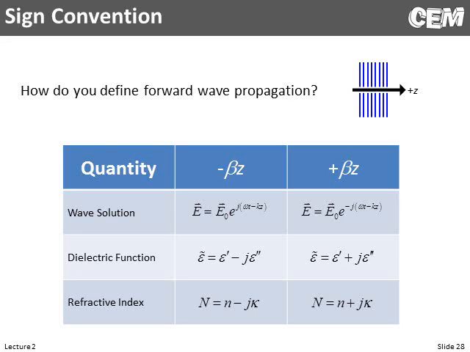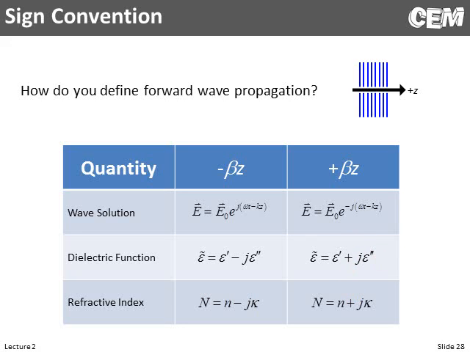But almost exclusively throughout electromagnetics, it's minus j beta z. So there's some things to keep in mind. If you're in the minus j beta z convention, then you would express your complex dielectric constant as real minus the imaginary. Refractive index is real minus the imaginary. Whereas in the plus j beta z convention, there's pluses here.